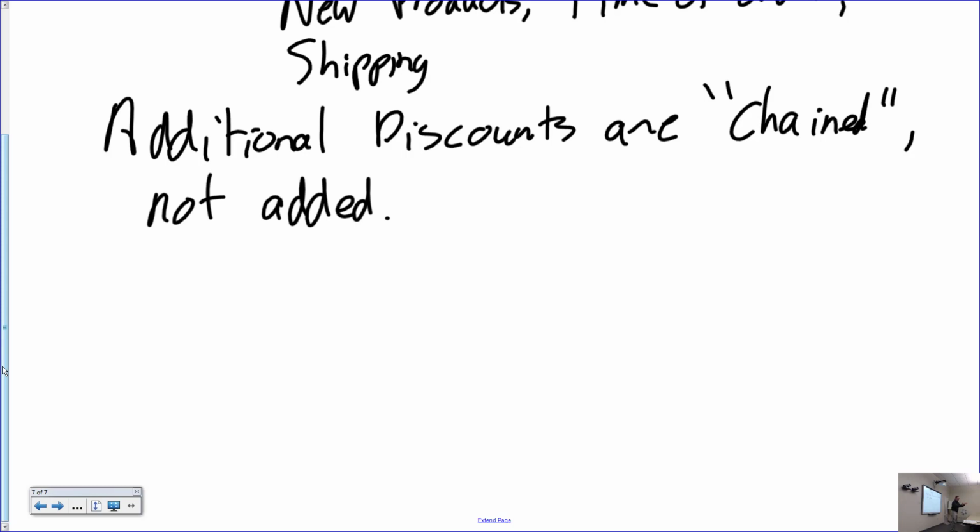That's a chained discount. That's what chaining means: you don't add the discounts, but you apply them one after another. Okay? So the reason why you can't just walk into Kohl's with the 30% off coupon and grab the 70% off rack and just leave the store is because those are chained discounts.